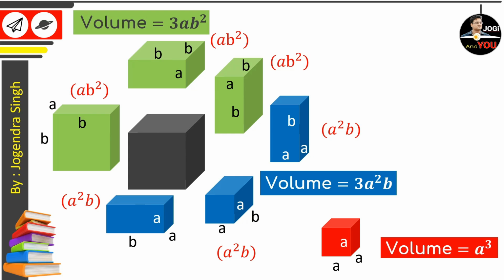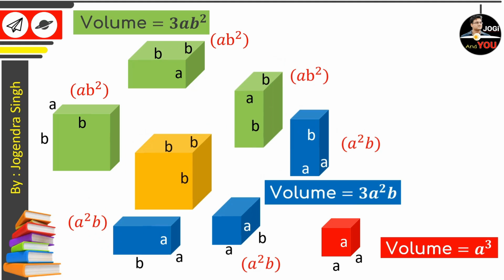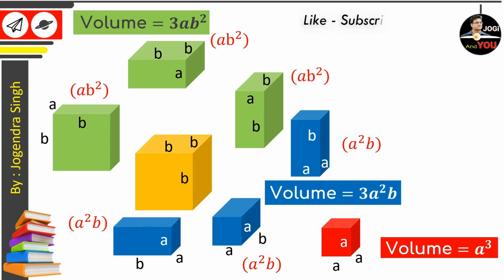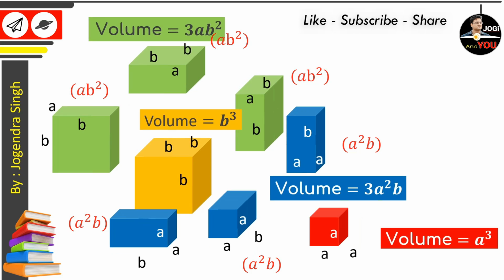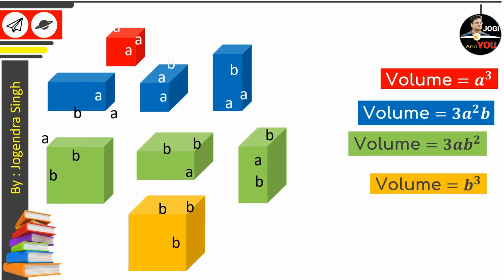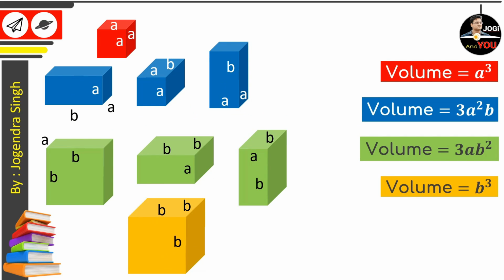Now the next and the final piece is like this, where you can see that all that is left now is B by B by B, which is nothing but B cubed. So if I take all these pieces together just like this, then we have a clear vision that all the parts on the left side are made by the original cube which we took in the first.